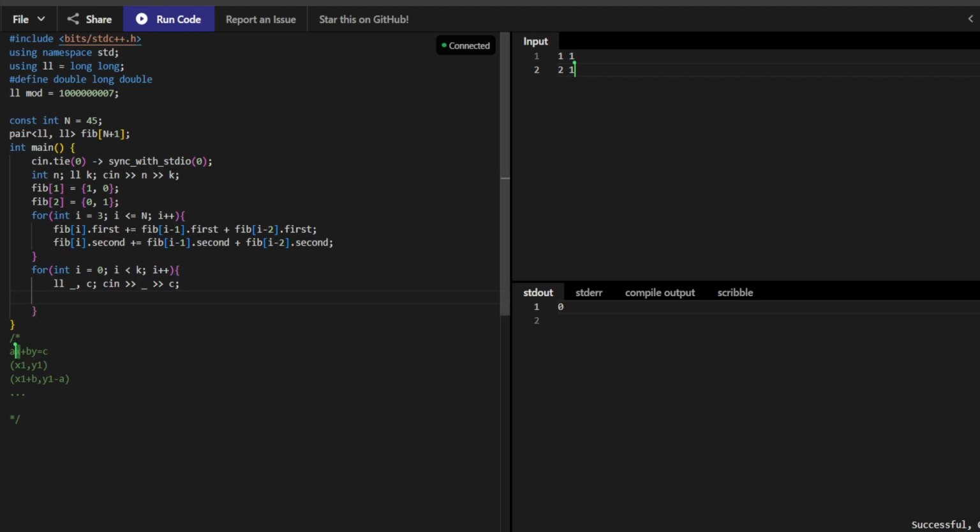Like Diophantine stuff. I don't know. See, why do I feel like it is always possible? Well, if a solution exists.